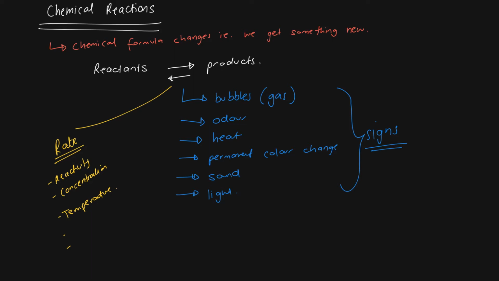We could also look at the ratio of reactants and maybe things like surface area. So is it one big chunk or is it finely chopped up? So all these things are going to affect how fast that reaction occurs, and then these are the signs that something's going to actually happen. Okay?